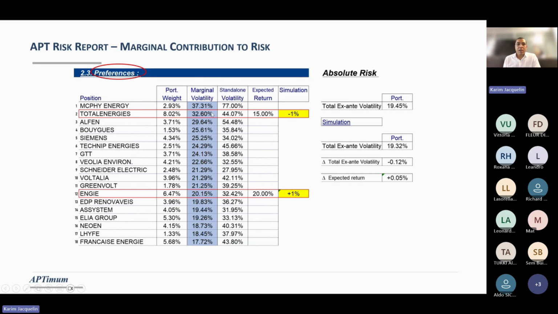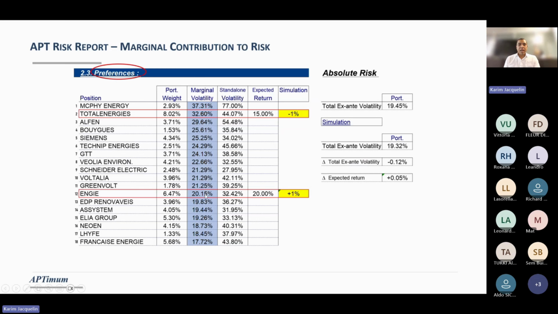So this is why the order of the marginal volatility should represent the preferences, the expected return you have on your securities. And another way to use that is to look at the order and maybe consider, let's say that I prefer Engie to GTT, for instance.